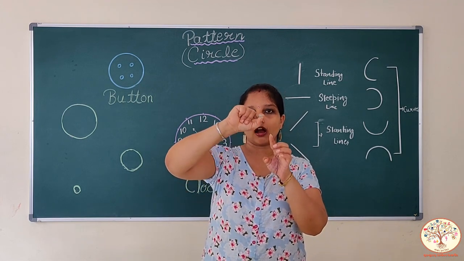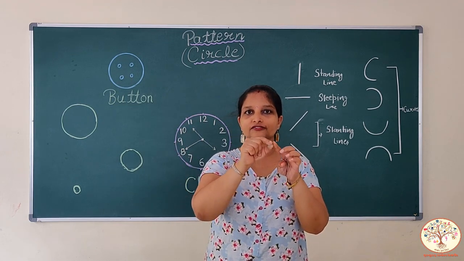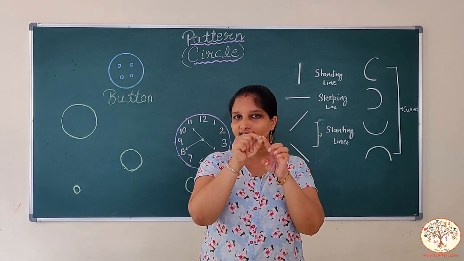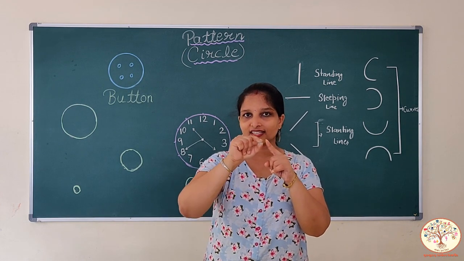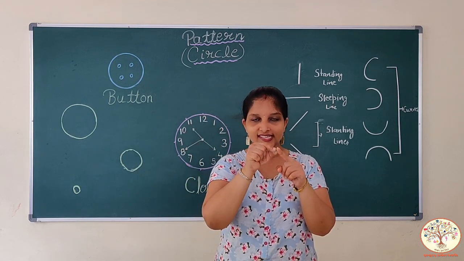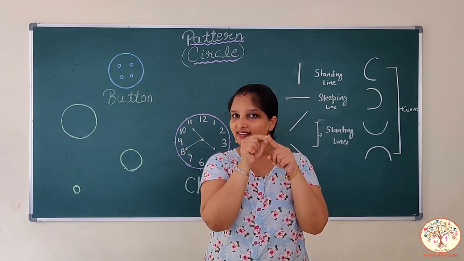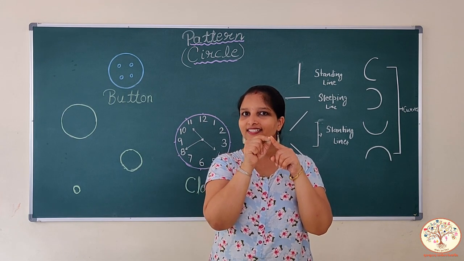First you make up, then down curve. You will get a circle. Okay? Once again, move your finger like this. This is a circle.